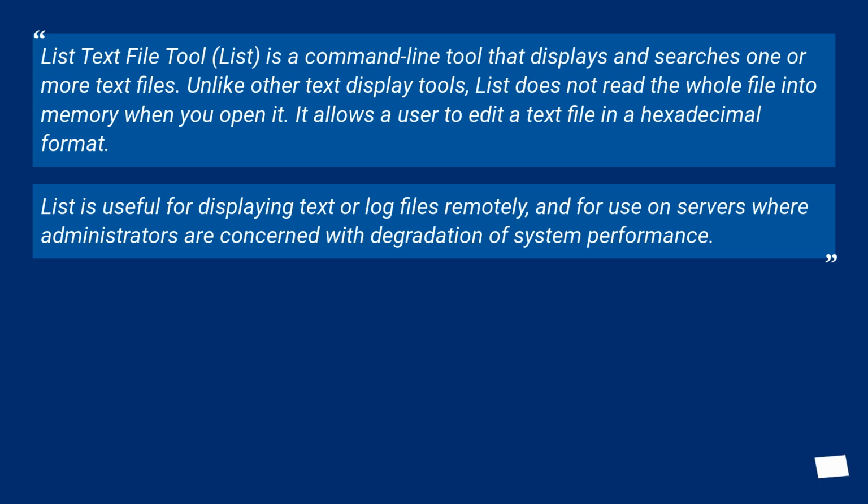Unlike other text display tools, list does not read the whole file into memory when you open it. It allows a user to edit a text file in a hexadecimal format. List is useful for displaying text or log files remotely, and for use on servers where administrators are concerned with degradation of system performance.